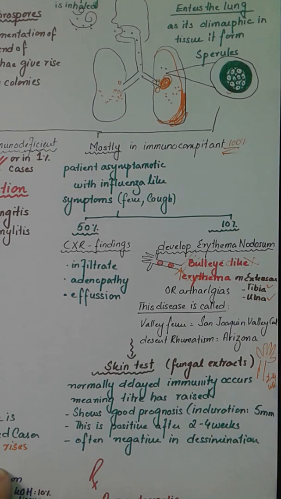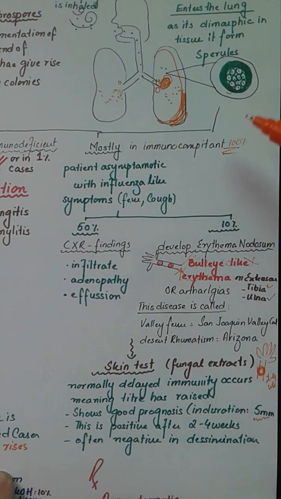This induration indicates that there is delayed immunity. Delayed immunity is actually a good thing in your body, it means your body is making antibodies, which is providing immunity to you. So if we see an induration of approximately 5 centimeters, we can clearly know that antibodies have been formed against it, and it is combating this disease.